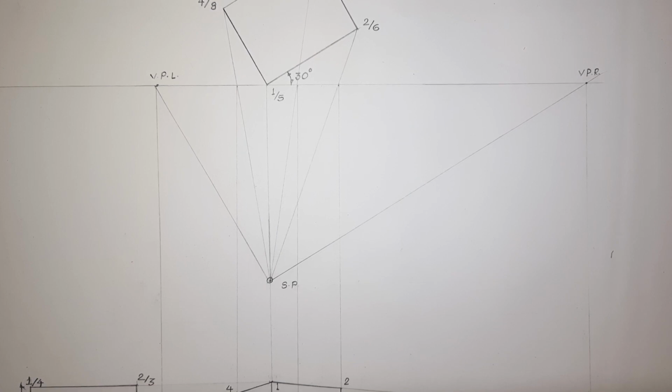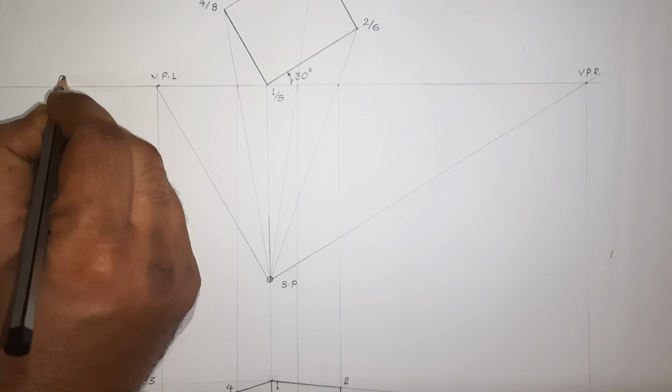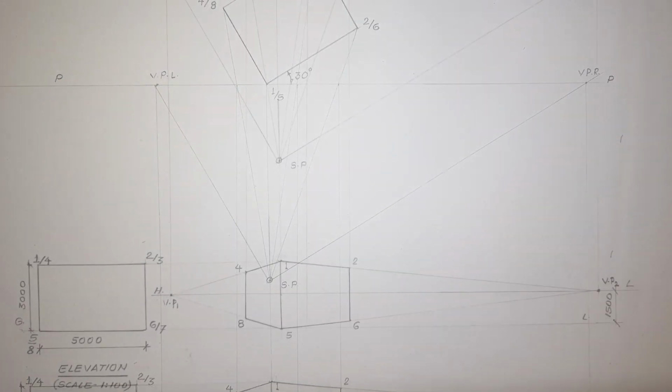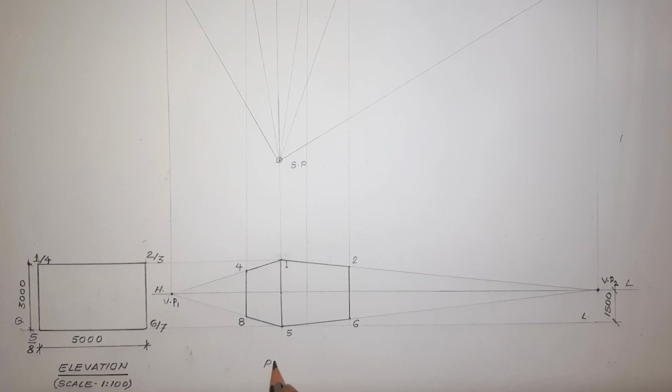Now we will go for labeling. So this is picture plane PP. This is HL, horizon line. This is GL, ground level or ground line. This is elevation. This is perspective view.